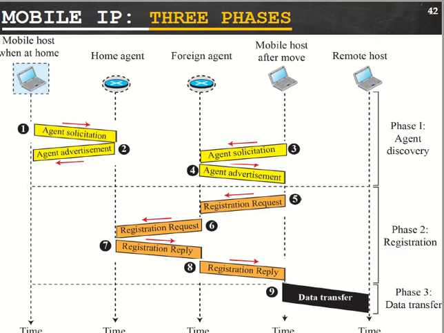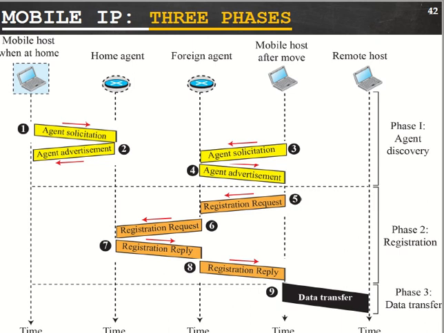The first one is agent discovery. As I said, the first phase in mobile communication is to identify the agent, and it consists of two sub phases. The mobile host has to identify a home agent before it leaves its home network. So whenever it wants to move out of its home network, first it has to identify a home agent.